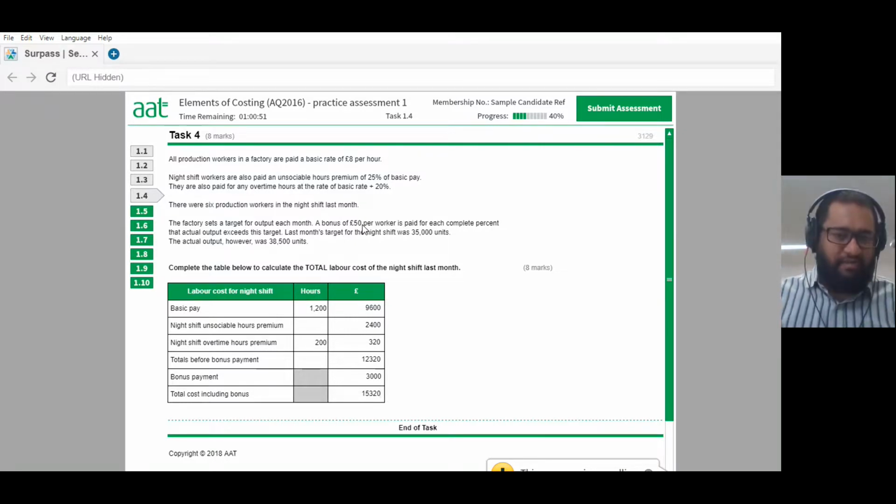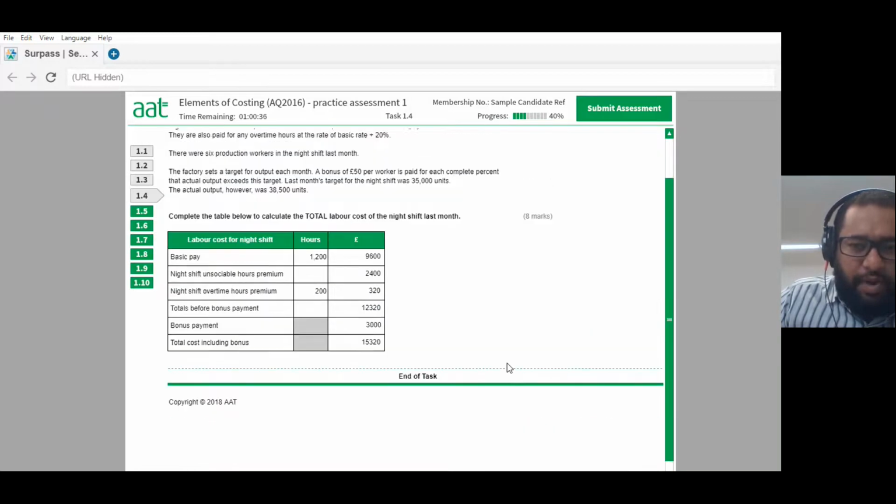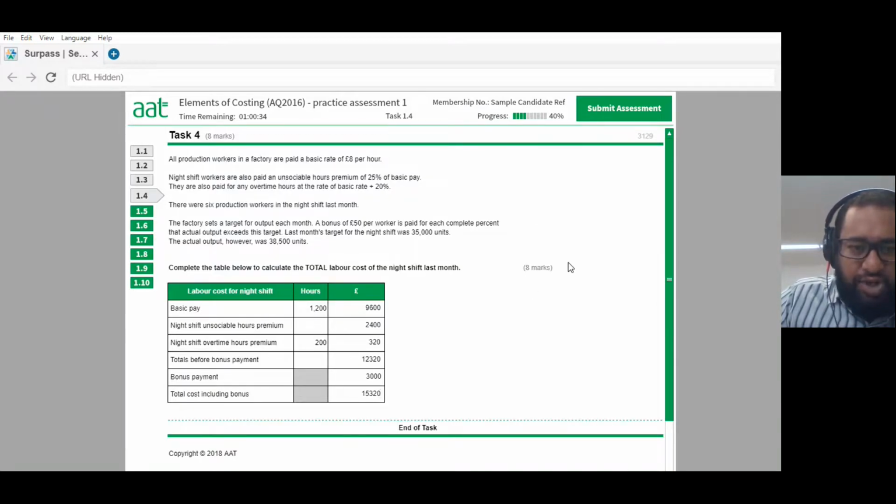Per worker it is 50 pounds for each complete percentage. So if they have done 10% more, per worker gets 500 pounds bonus. And if they have 6 workers, 6 multiplied by 500, that's going to give you 15,200 pounds. So the maximum you can get in this question is 8. Therefore, you will only get met. You won't get an exceeded because it's less than 10 marks.